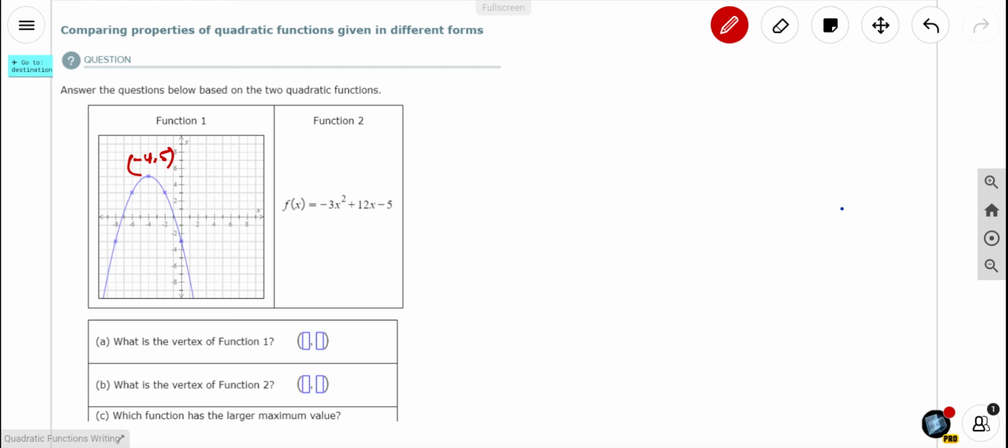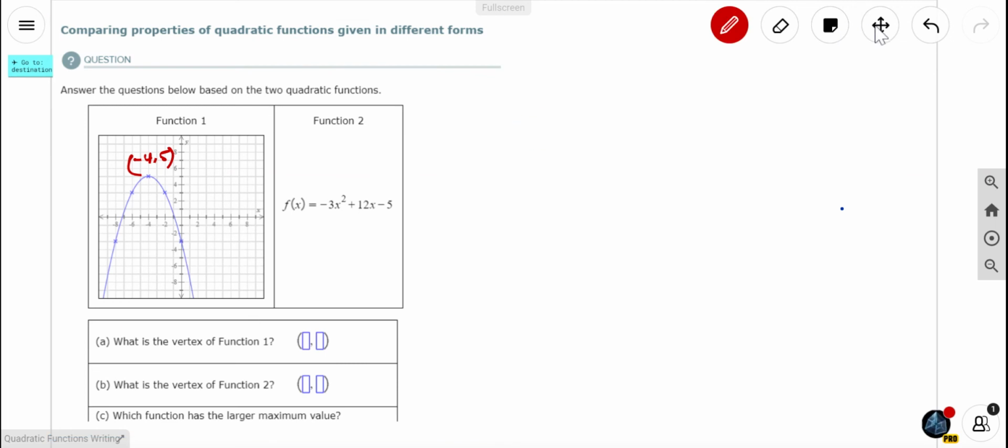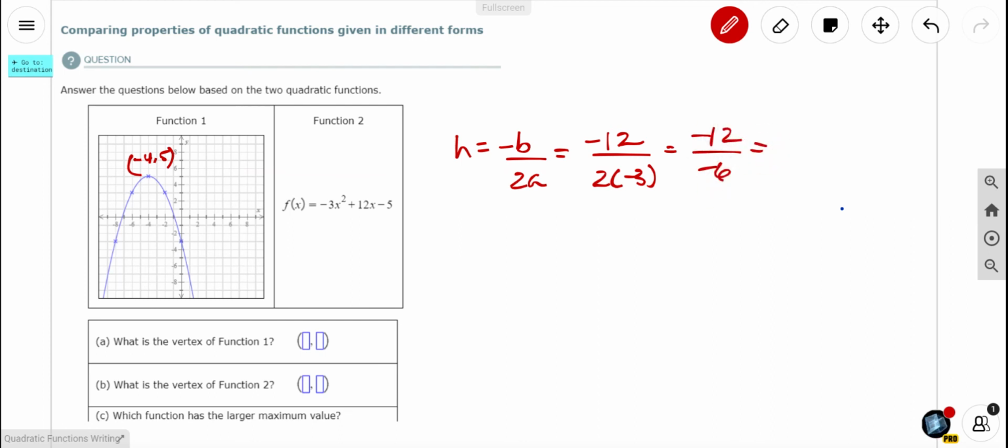What is the vertex of function 2? Well, to find the vertex, sorry about that, let me lock all these things down. To find the vertex of that one, we want h equals negative b over 2a, or the opposite of b. Sometimes people say the opposite of b because it rings a little better. 2 times negative 3 is negative 6, negative 12 divided by negative 6 is 2. So h equals 2.